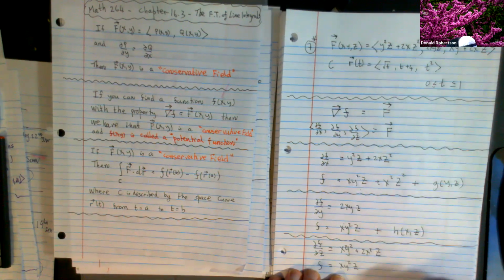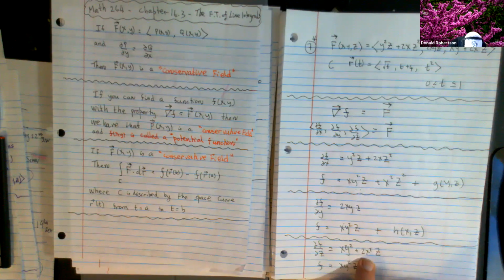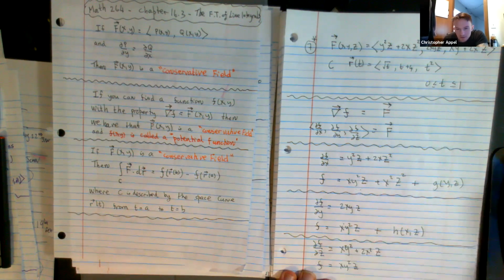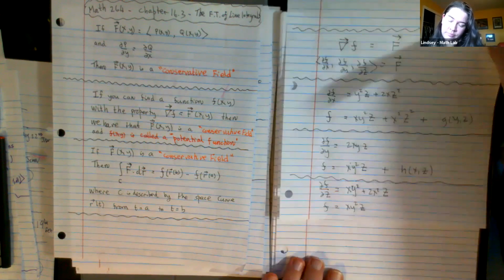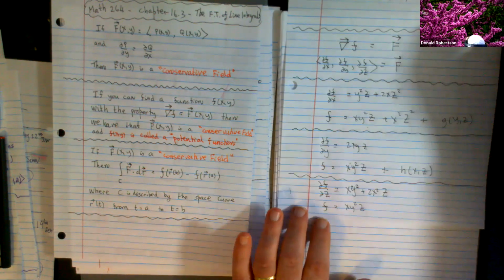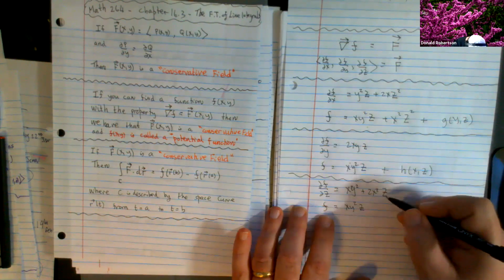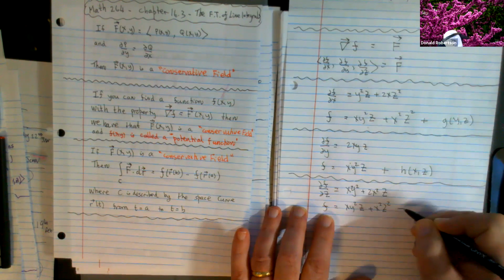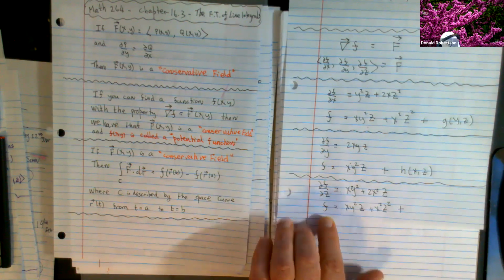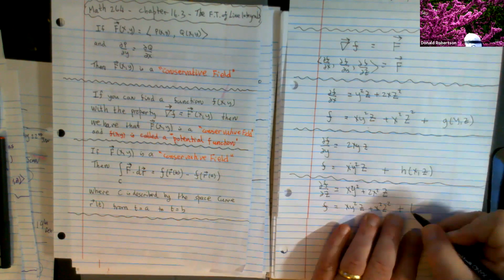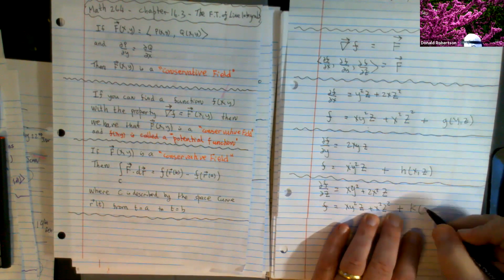And the 2x squared z, let's check that. Yeah, it is 2x squared z. So the 2x squared z, this fella here, becomes, I believe, x squared z squared plus a constant. And if you're integrating with respect to z, I guess I'll call this k, you're going to have some x's and y's.